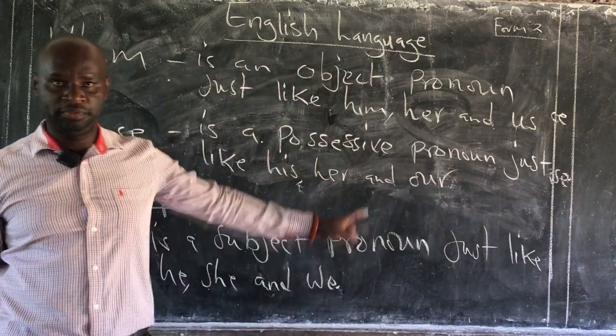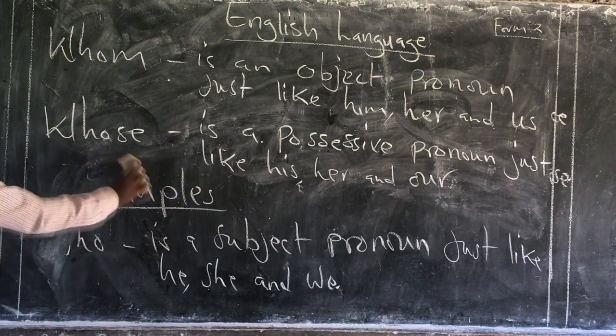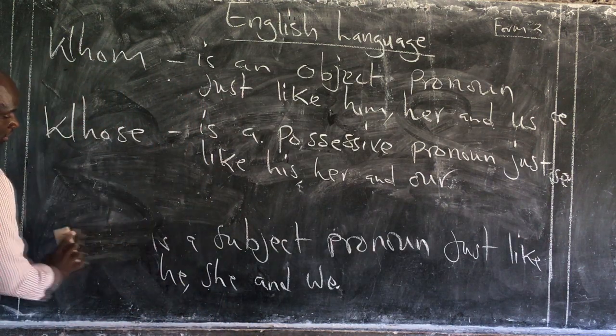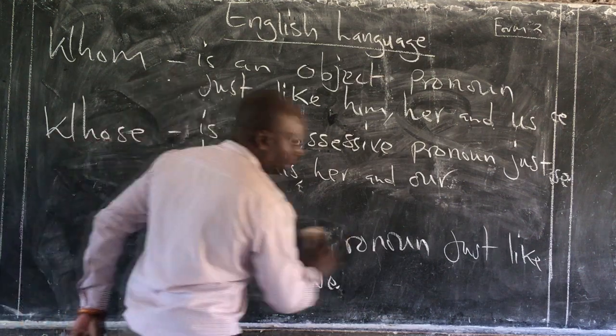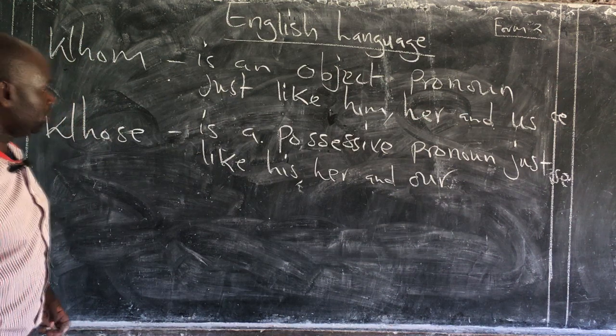They show ownership. That's why I say they're possessive. So whose is a possessive pronoun. We use it when the pronoun is the owner of what is being mentioned in the sentence.